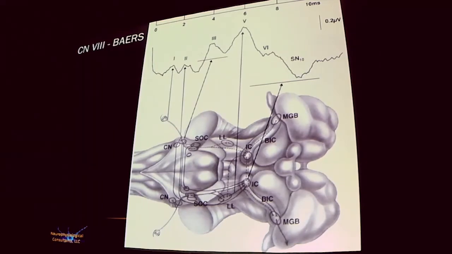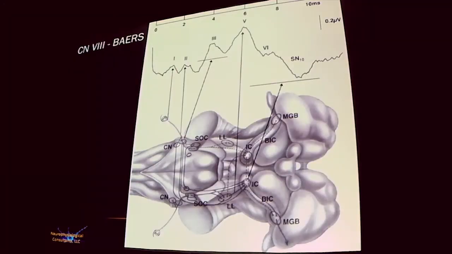Wave 2, they're not really sure where wave 2 is generated. They think it might be the more proximal 8th nerve, possibly the cochlear nucleus. So somewhere between wave 1 and the cochlear nucleus is where they think wave 2 is occurring.